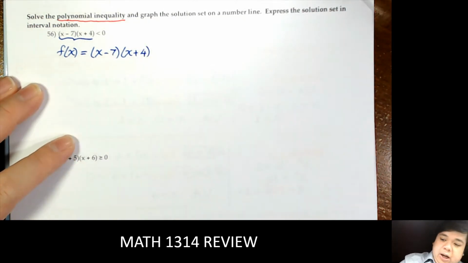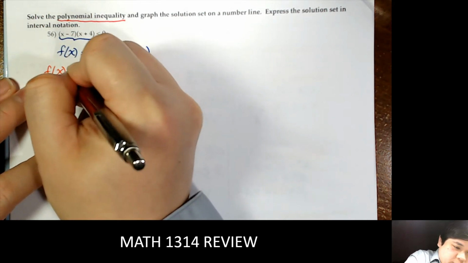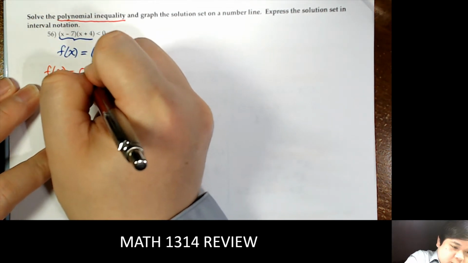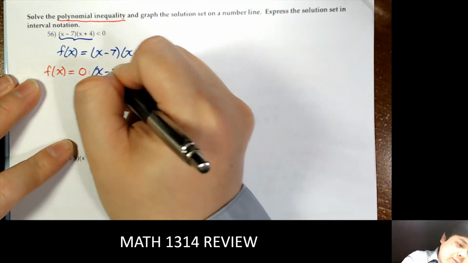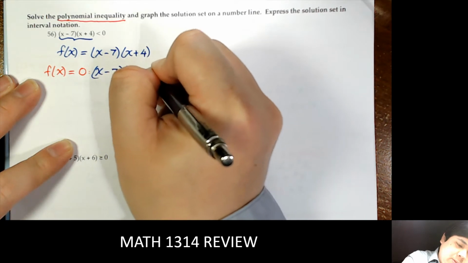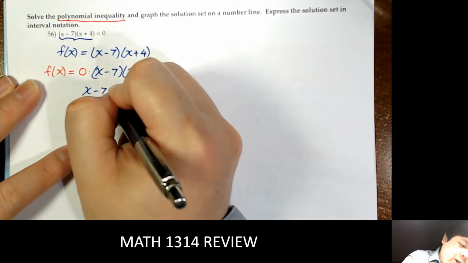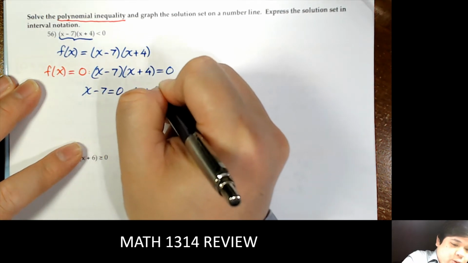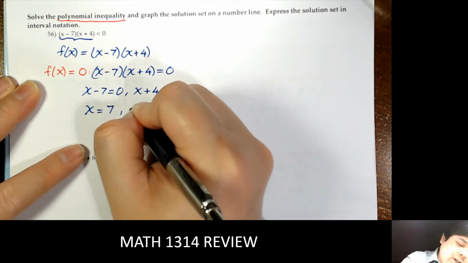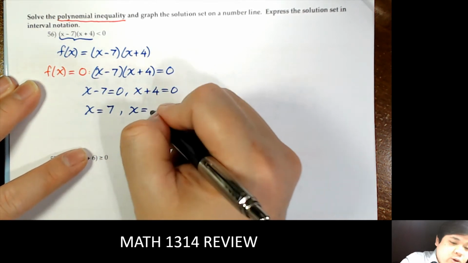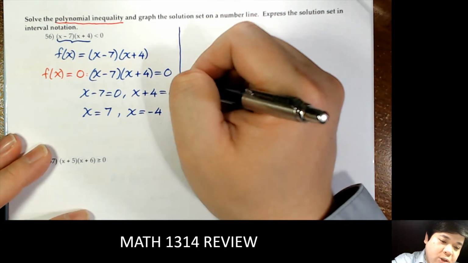Right. So we will find all the zeros for the polynomial, which is easy. X minus 7 equal to 0, x plus 4 equal to 0. So x equal to 7, x equal to negative 4. Right. So that is where the function equals 0.